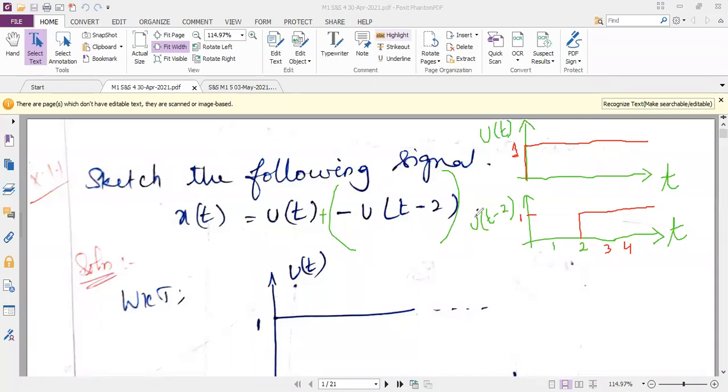So minus of u of t minus 2 means, what will be the change in the diagram? I'm just showing the diagram now. So I have the x-axis. Now my amplitude is minus of u of t minus 2. Can anybody tell me how the diagram will change? Where should it be? Should it be along the positive y-axis or negative y-axis?